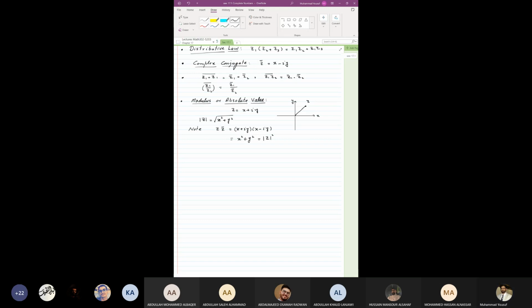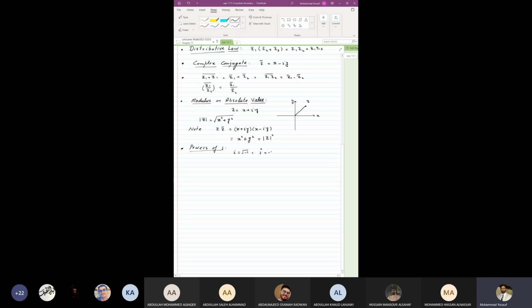And next is the exercise. Very easy, very simple, very basic. Also, powers of i. You know, i is the square root of -1.